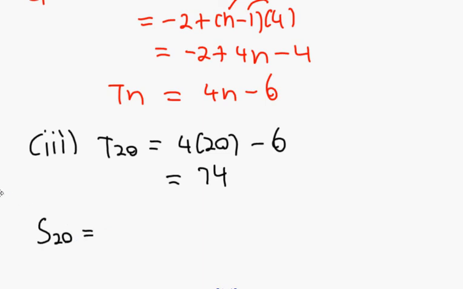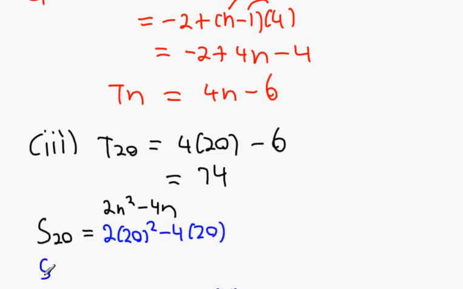It gives you a formula for S at the top of the question. What is the formula for S? S is 2n squared minus 4n. So, to get S20, all you do is replace all n's with 20 and then use your calculator. Likewise, S19 is 2 times 19 squared minus 4 times 19.